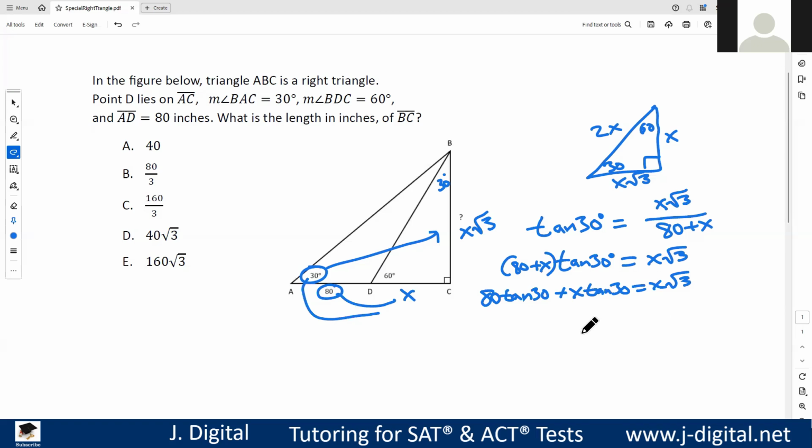I want the x's together because I just need one x. So I can subtract x tangent of 30 from both sides, leaving me with 80 tangent of 30 equals x square root of 3 minus x tangent of 30. Factor out that x.